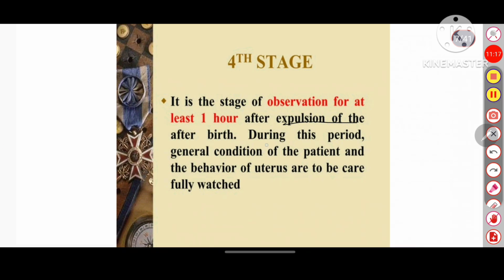During this period, we observe the general condition of the patient and the behavior of the uterus, whether the uterus is contracting and going back to its normal shape and position. We also watch carefully whether the bleeding is increasing or any products of conception have been left behind.